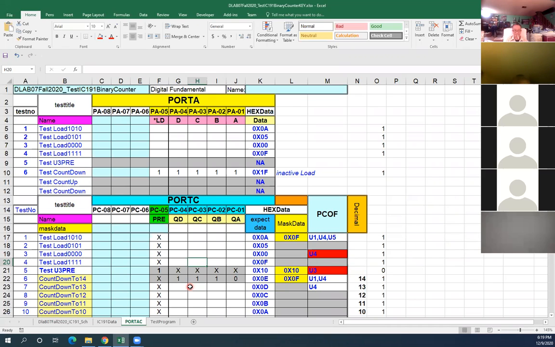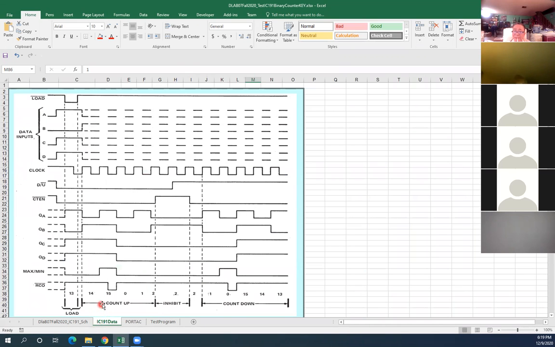Mr. Pham, on the data sheet that shows the timing, what is the CTEN? Right, under the clock, going down is down and up, and under that is up and down. Do you want up or do you want down?